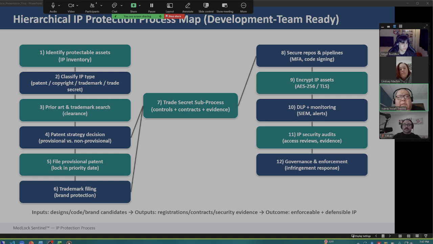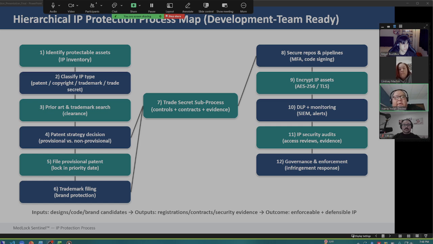Steps 1 through 6 are mostly product and legal. Identify assets, clarify the IP type, do searches, set a patent strategy, file a provisional to secure a priority date, and file trademarks for brands. Step 7 is the required sub-process. A trade secret only exists legally if we demonstrate reasonable measures to keep the information secret.